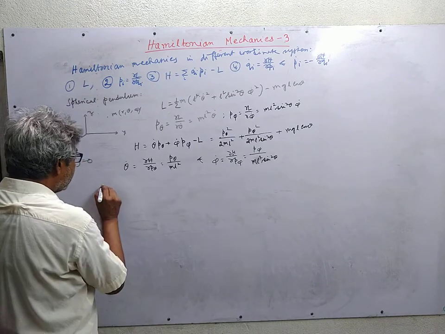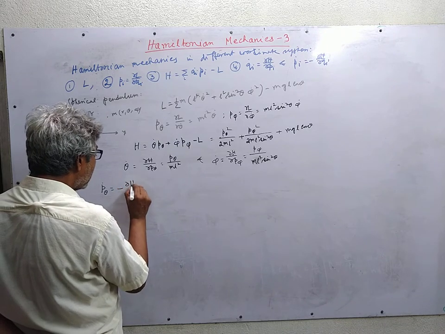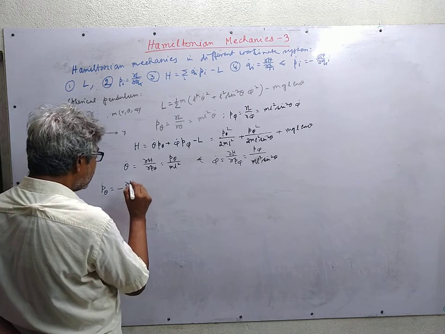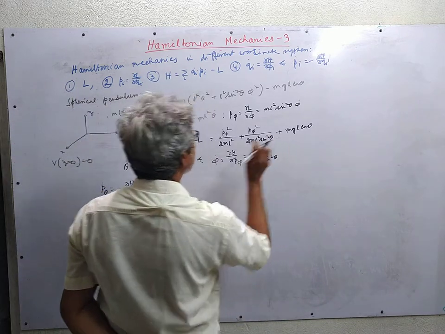Now we come to the p theta equation. P theta dot is equal to minus del H del theta. There is a theta dependence over here.